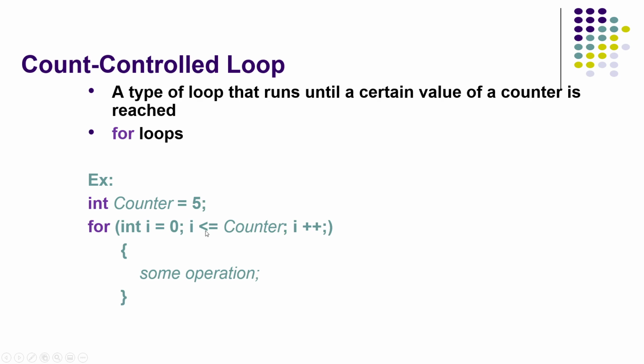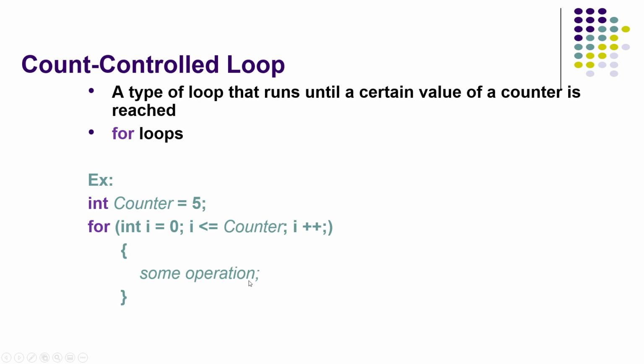It's as long as i, which is this number, is less than or equal to the counter. I want to include this fifth iteration, right? So as long as this condition is true, I'm going to jump in and do the operation, whatever the operation could be.